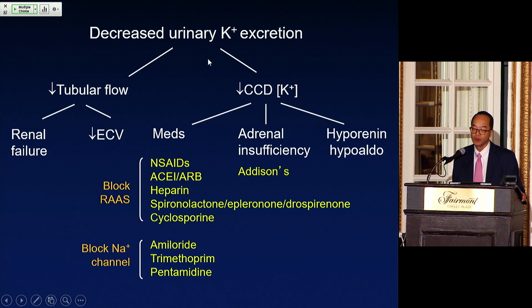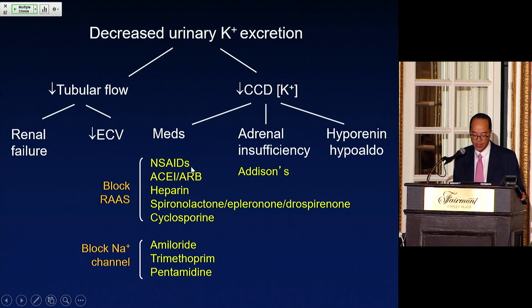And the causes of decreased urinary K excretion, if you think simplistically, are really twofold. K secretion occurs primarily in the cortical collecting duct, so you either have decreased flow to the collecting duct, because your GFR is low or you're profoundly pre-renal, or you have decreased collecting duct K secretion, which, as you know, is driven by the reabsorption of sodium, driven by the renin, angiotensin, aldosterone system.